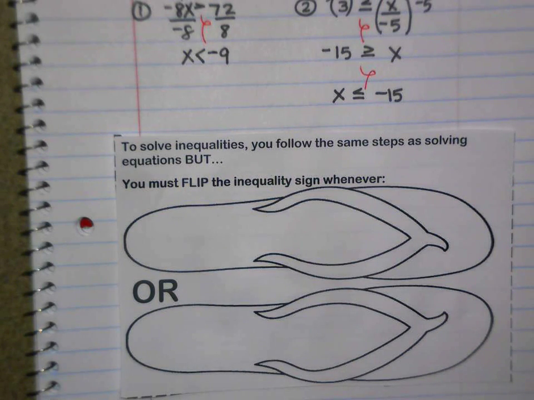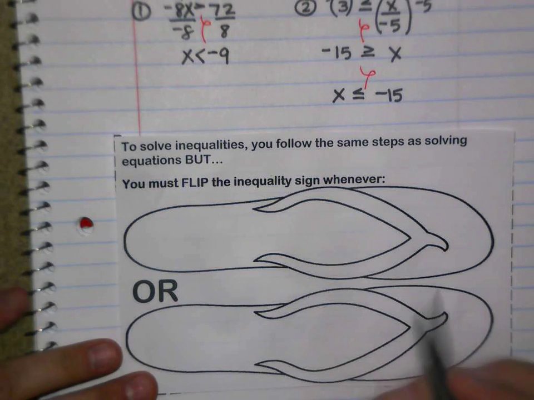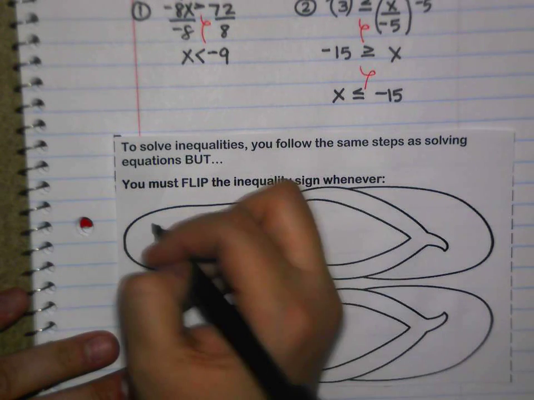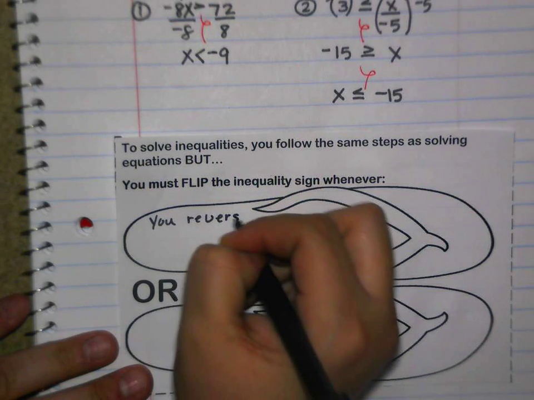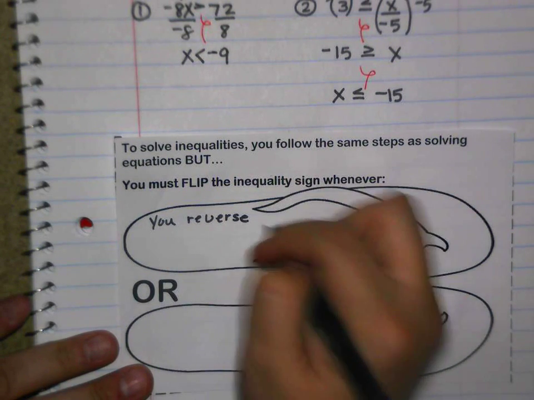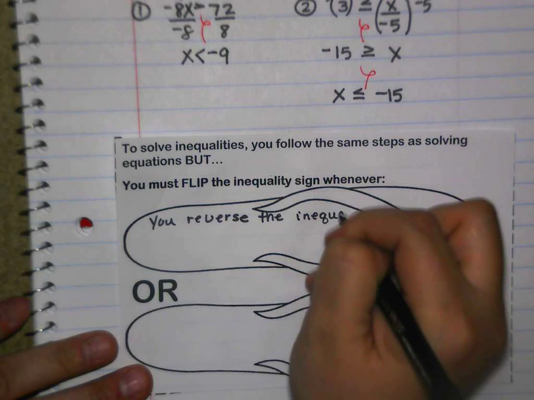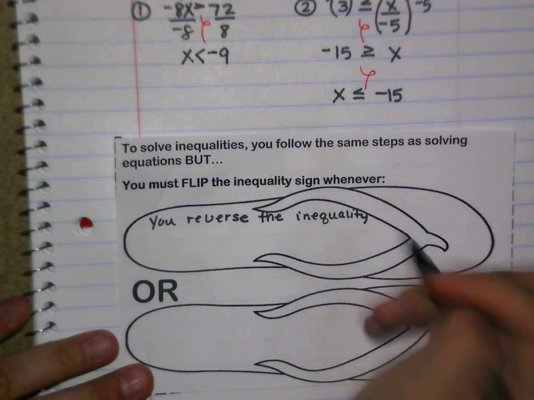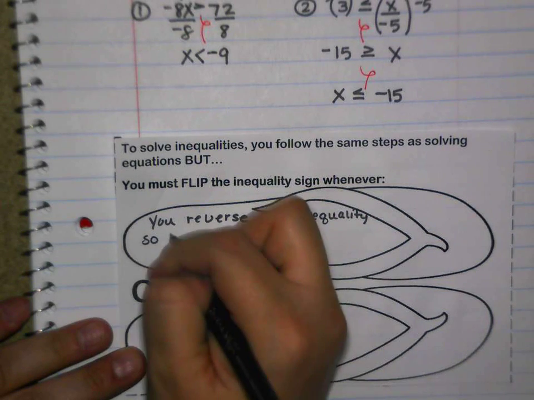To solve inequalities, you must follow the same steps as solving equations, but you must flip the inequality signs whenever you reverse the inequality so the variable is on the left.